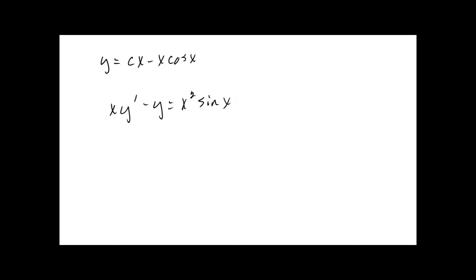And it's true on minus infinity to infinity, the whole real number line. Now it says verify that. How will you verify it? No, start with the y and work forward. Just take the derivative.